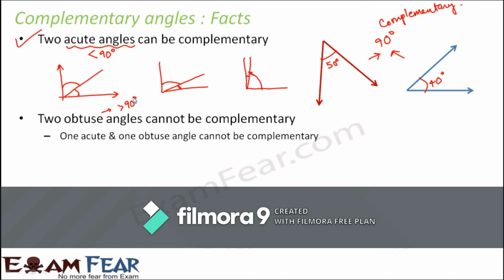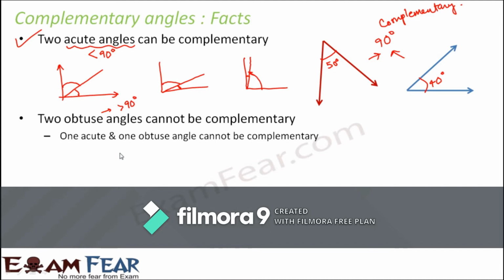Now, do you think that one acute angle and one obtuse angle can be complementary? Definitely not. That's because again, one obtuse angle itself means greater than 90 degrees. So you add anything to something greater than 90 degrees, obviously you are going to get something which is greater than 90 degrees.